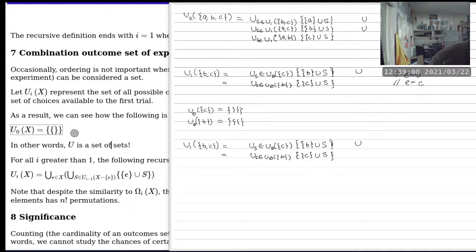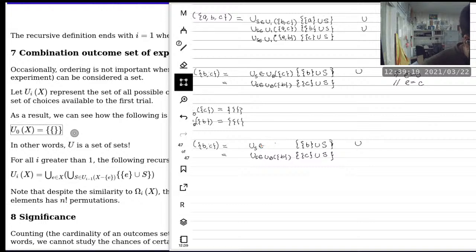All right, so now that we know U0 of C is a set of the empty set, we take it and substitute this thing here, because we just figured out what that thing is.